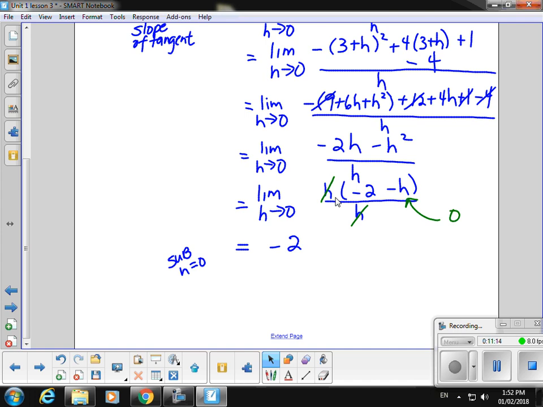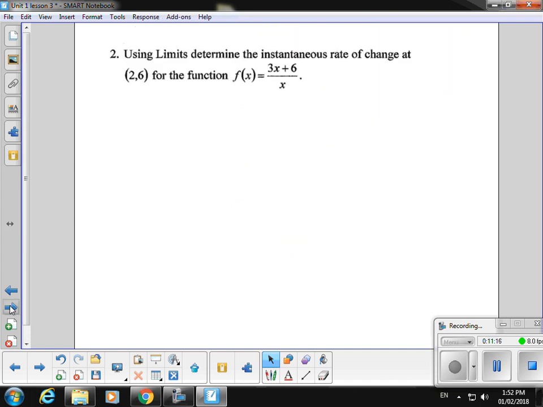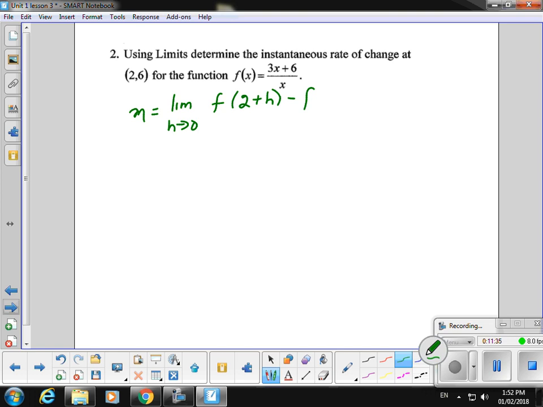Let's do another example together. Using limits, determine the instantaneous rate of change at 2, 6 for the function f at x equals 3x plus 6 over x. So my definition is the slope of the tangent is the limit as h approaches 0 for the function at, well, technically, 2 plus h, subtract f at 2 over h.